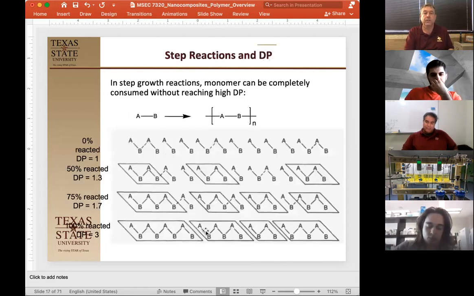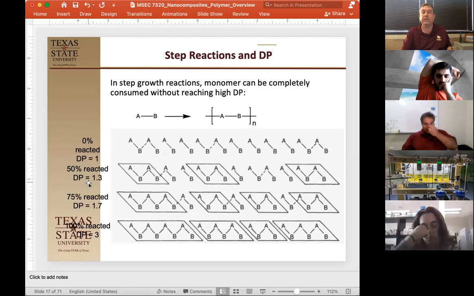Okay. So in the case of why the reaction goes slow, if we look at this, none of these monomers have reacted with each other. We have a difunctional monomer here where A is going to react with B to form a bond. So this is a monomer, monomer, monomer, monomer, monomer. All these are monomers. Then we react one monomer with one monomer to create a new functional group here, and we do that with a few of them.